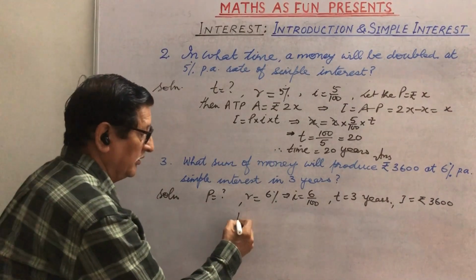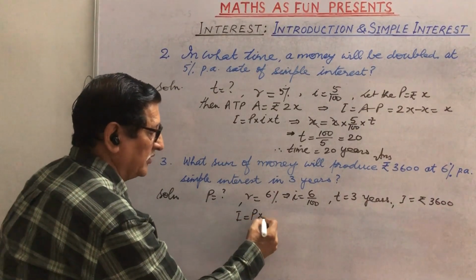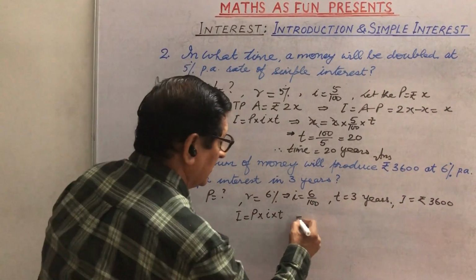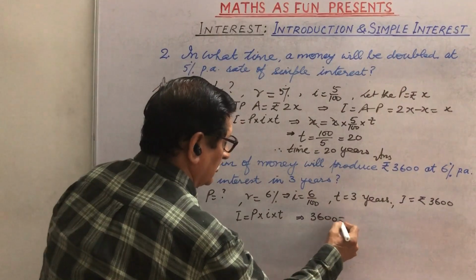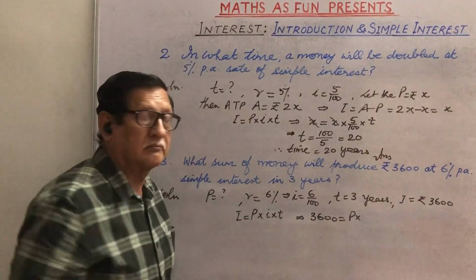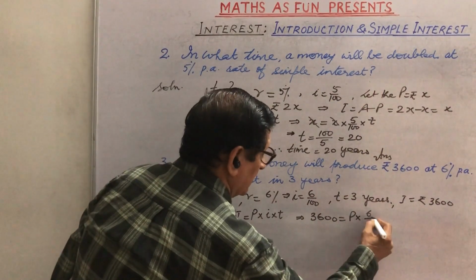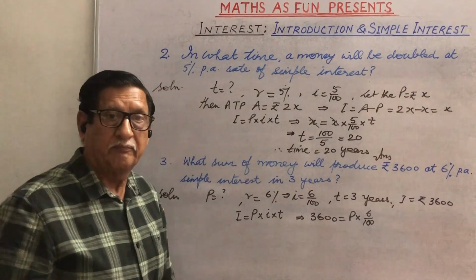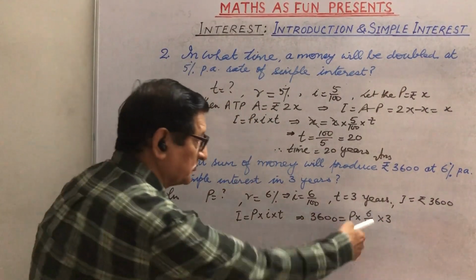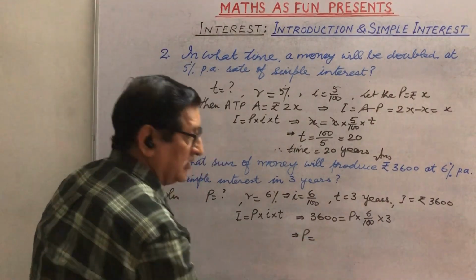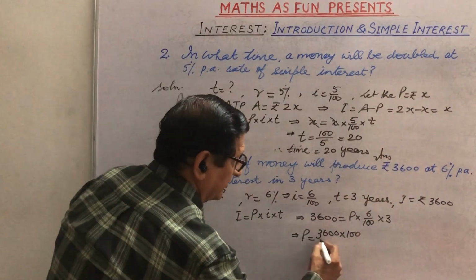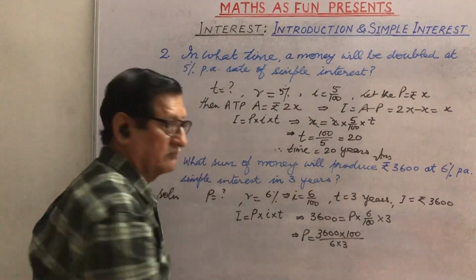Applying the formula that interest I is P into I into T, we apply the values. I is 3600, P we have to calculate, I is 6 upon 100 and T is 3. By transposition, we get here P is equal to 3600 into 100 upon 6 into 3.